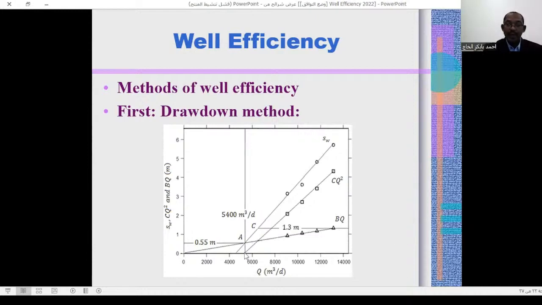At this point, the well losses equal zero. That means the water level in the aquifer equals the water level inside the well, overlapping between the two water levels.